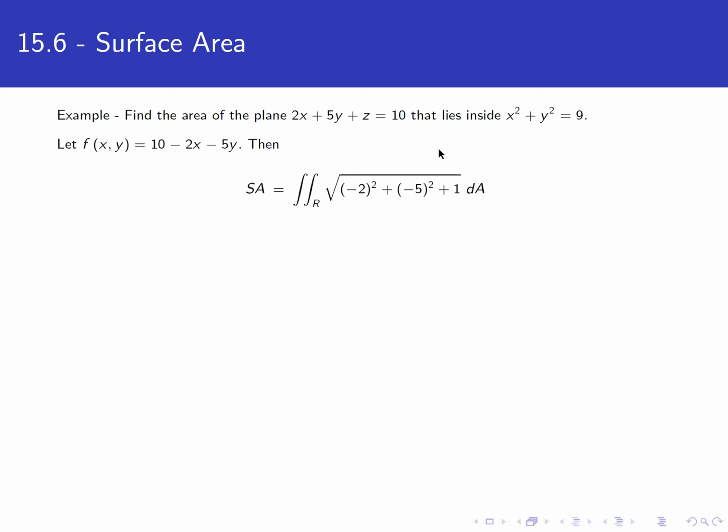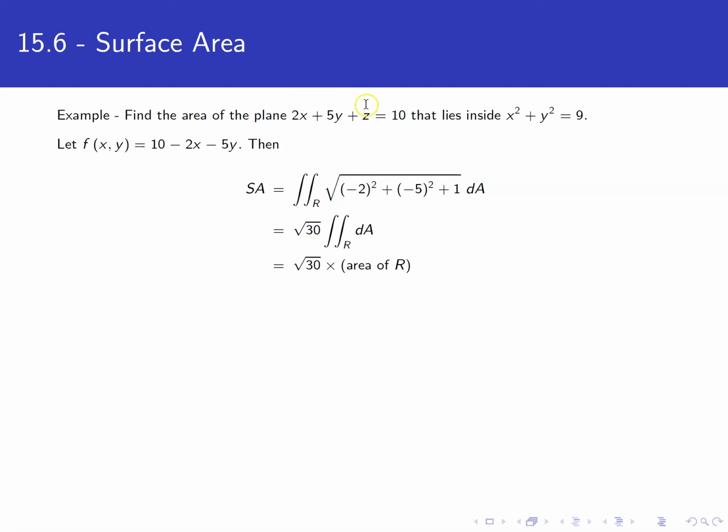Then, according to our surface area formula, it's the double integral over the region of the partial with respect to x squared, and the partial with respect to x here is -2, plus the partial with respect to y squared, partial here is -5, plus 1. We just get square root of 30, which is a constant, so we can pop that out in front of the double integral. So we get square root of 30 times the double integral over the region of just dA. Well, we recognize that as just the area of the region, R.